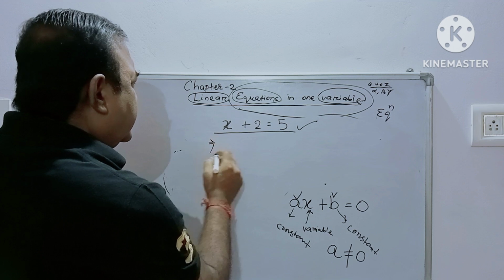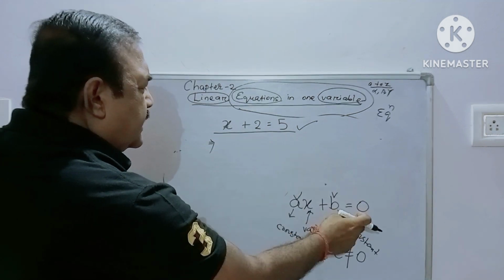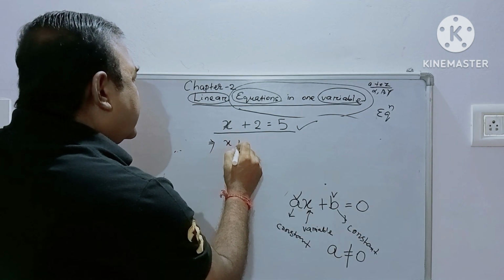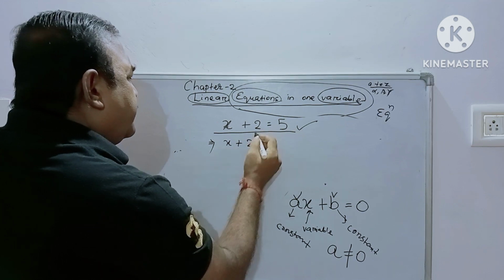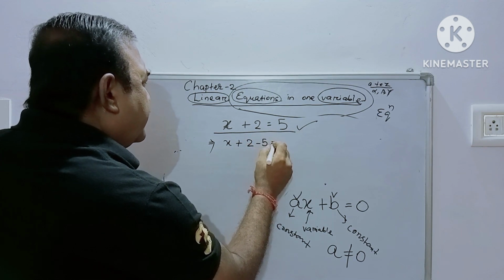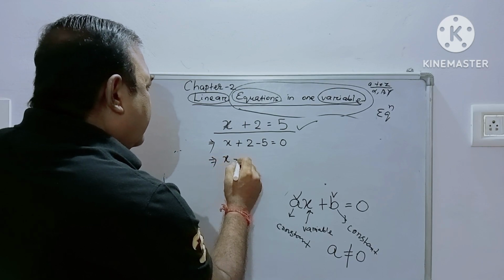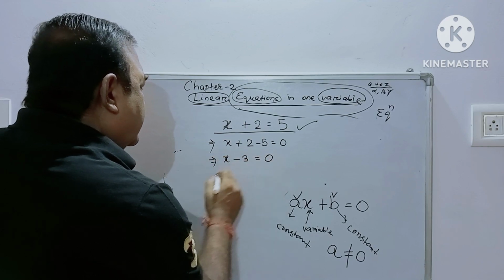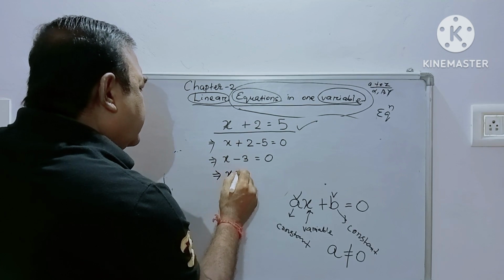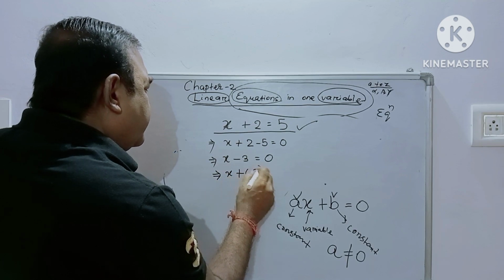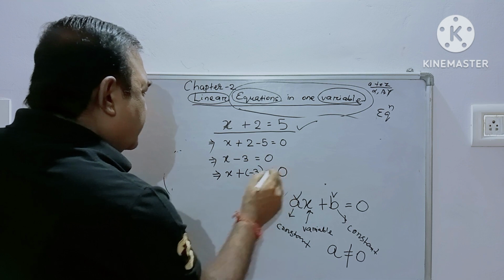That implies, we have to make the right hand side 0. So x + 2, you transpose 5 to LHS, that is x + 2 - 5 = 0. That implies x - 3 = 0. That implies x + (-3) = 0.